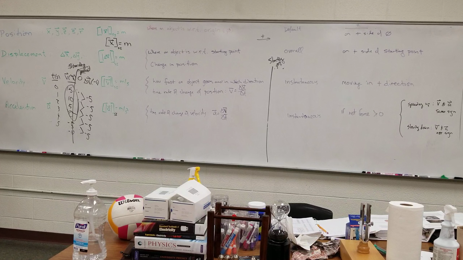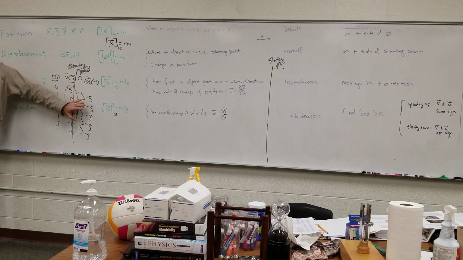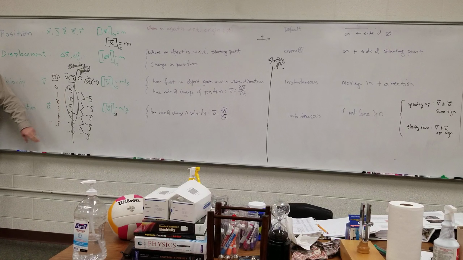Anna? Why are we writing delta V with the vector symbol as opposed to A with the vector symbol to indicate acceleration? Because the change in velocity and acceleration are in the same direction, that's why I just did delta V. What I wanted to look at right here was just change in velocity. Could you still have written the A with the vector symbol over it, it would mean the same thing?